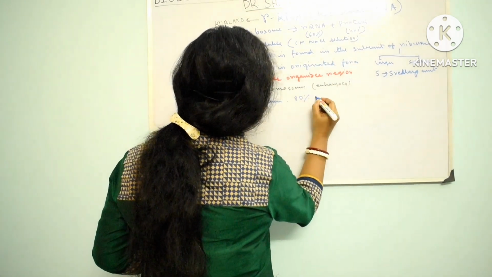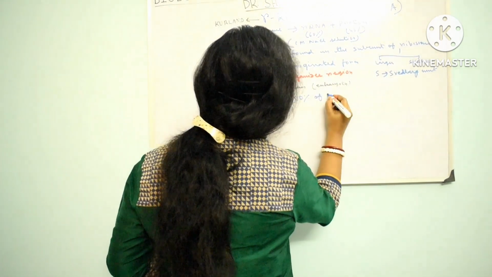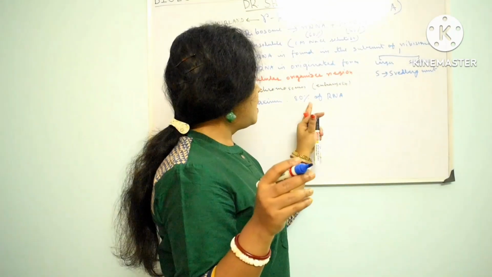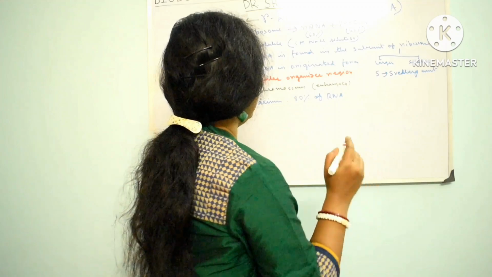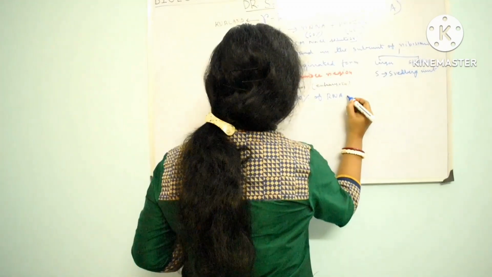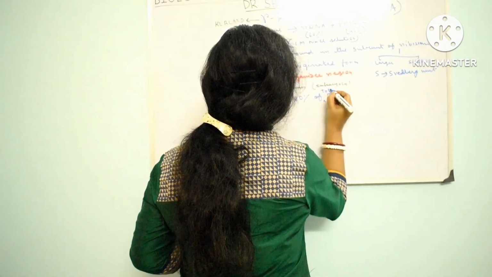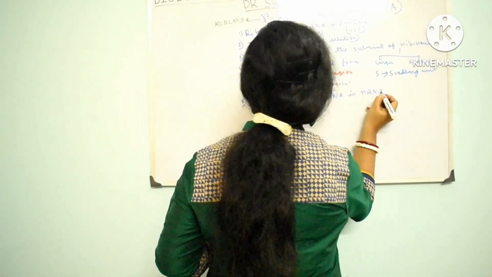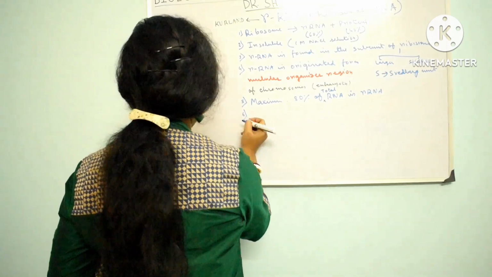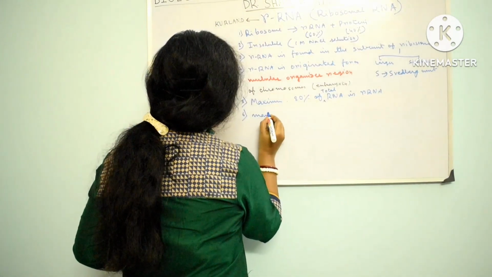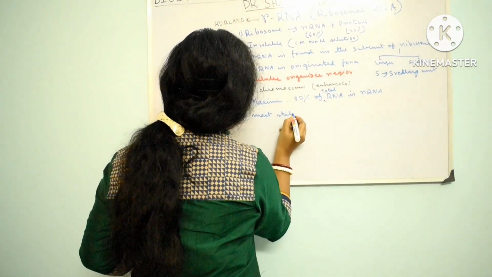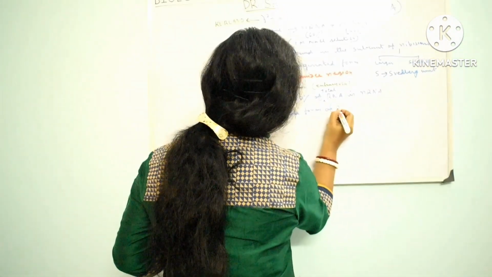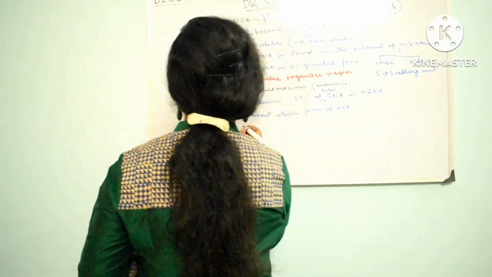The next point is that the content of rRNA is maximum: 80% of all RNA. Out of total RNA, rRNA contains 80%. The next point is that it is the most stable form of RNA.